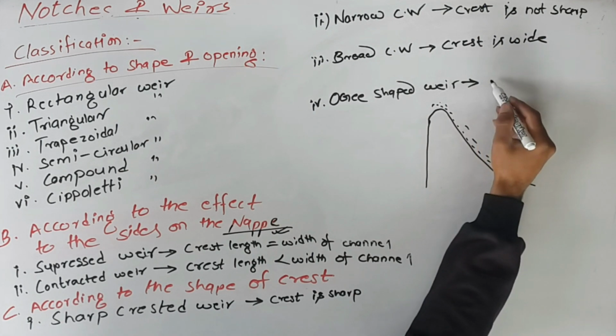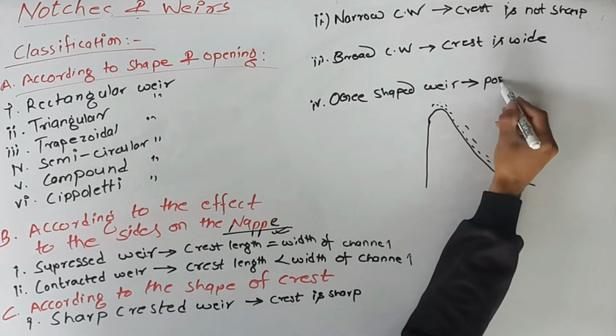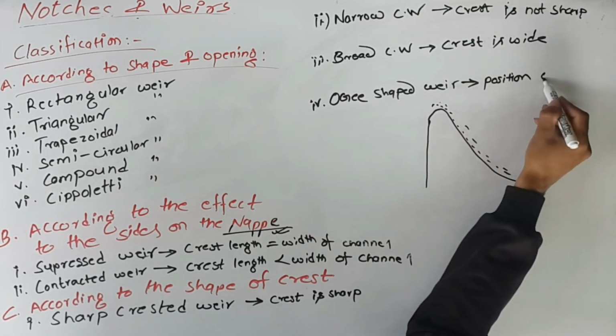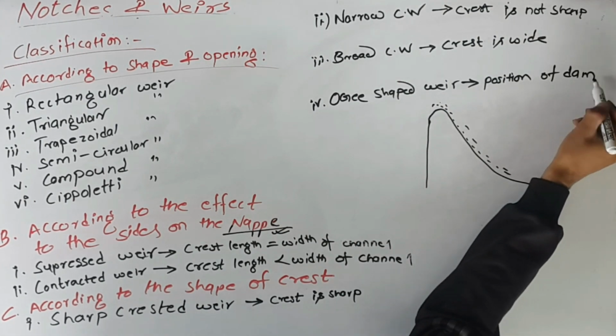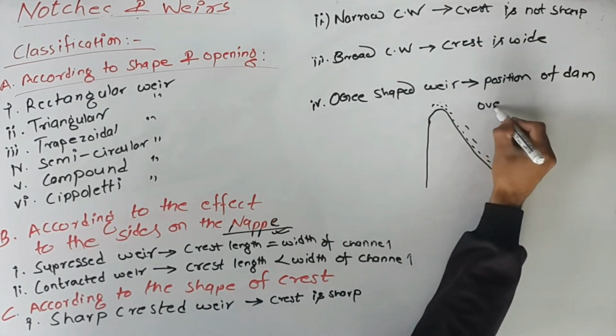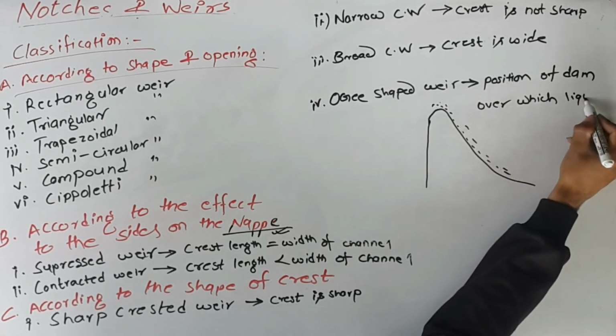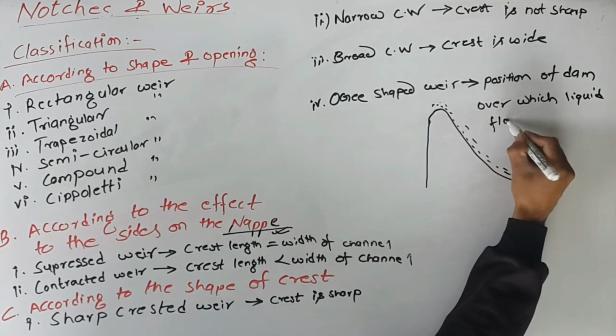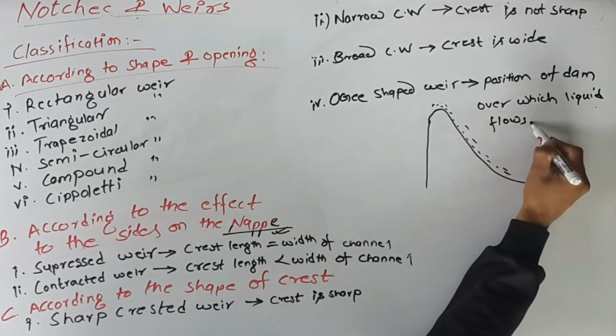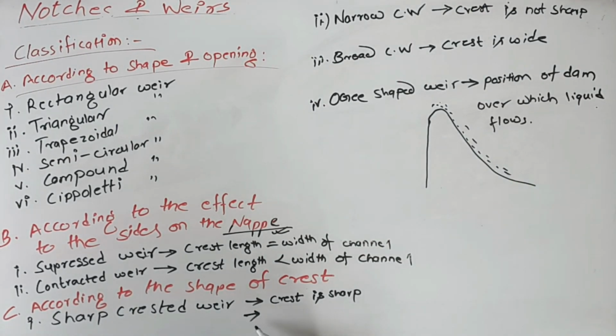We write here, position of dam over which liquid flows. And sharp crested weir is such type of weir in which width of the weir is less than head by 2.